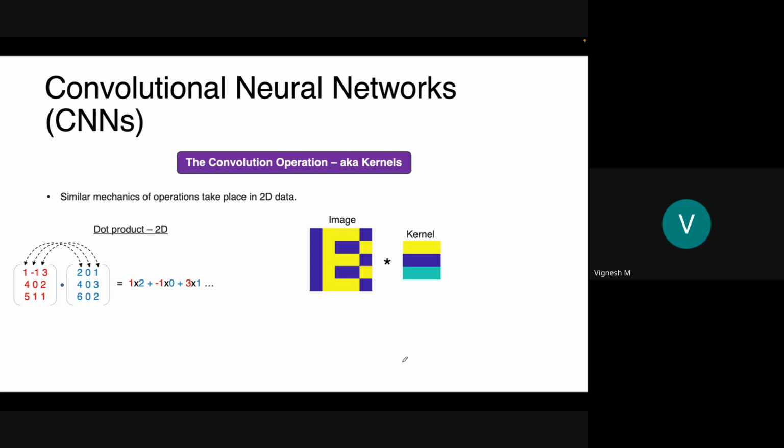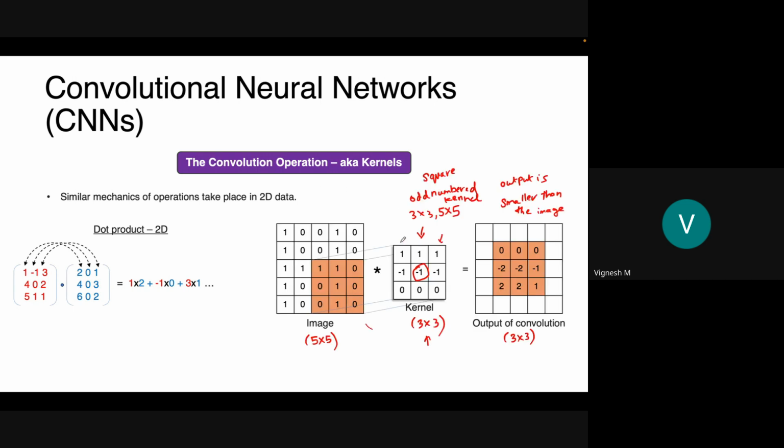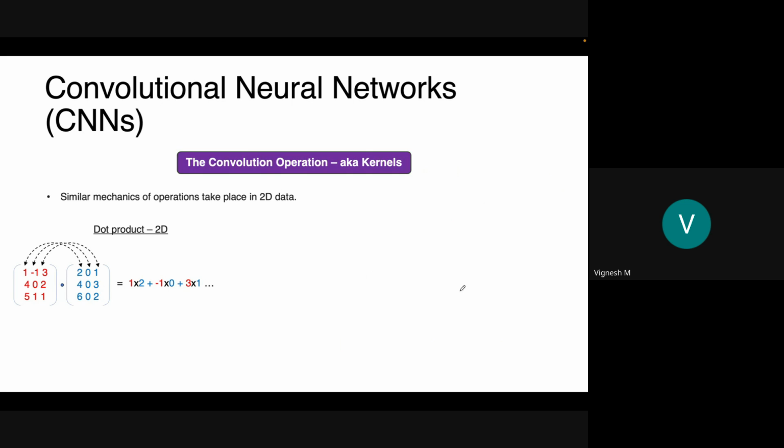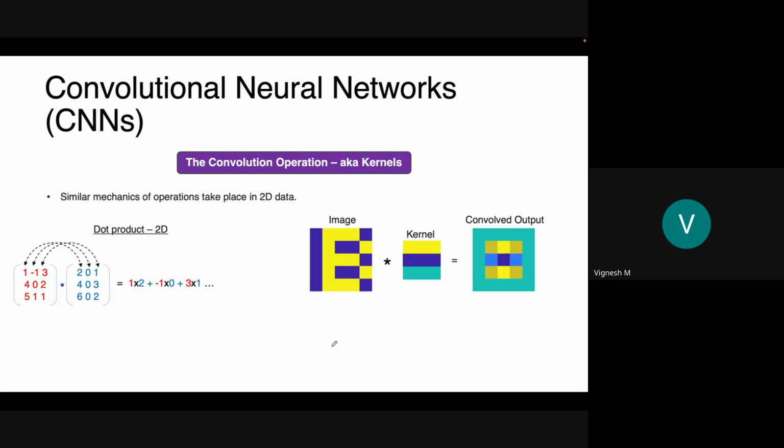This is an image of a B. This is that same kernel that we have been looking at, the one where it's 1 1 1 at top, then 0 0 0, then -1 -1 -1. And this is basically the image, say, of the letter B. Now the output of the convolution looks like this.